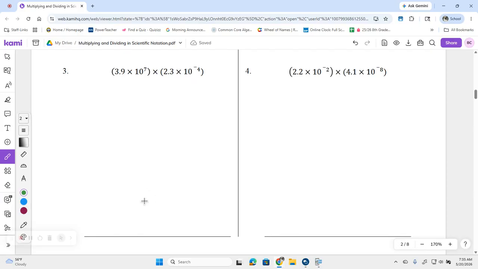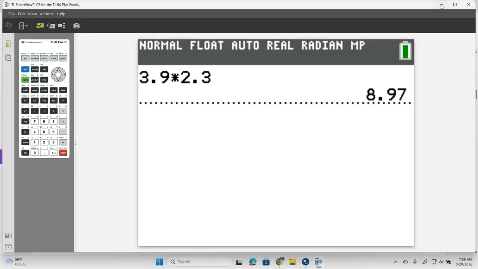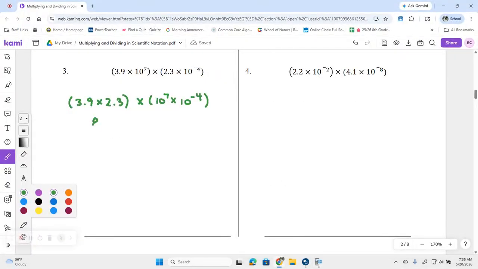Number 3, 3.9 times 10 to the 7th multiplied by 2.3 times 10 to the negative 4th. 3.9 times 2.3 is 8.97. 10 to the 7th times 10 to the negative 4th is 10 to the 3rd.